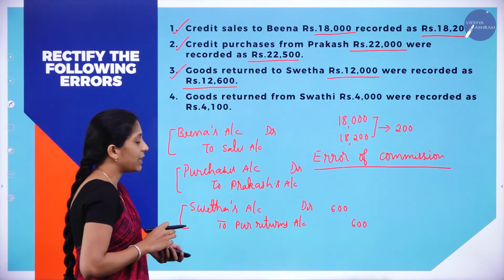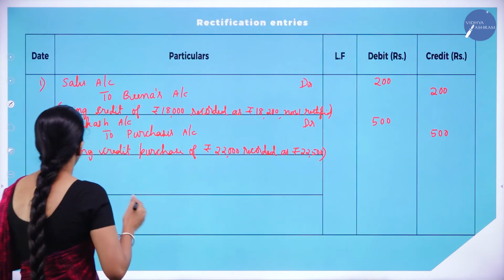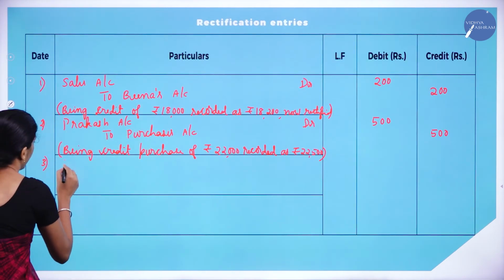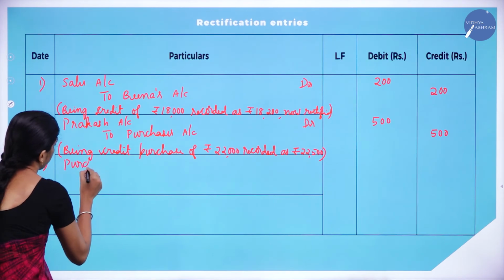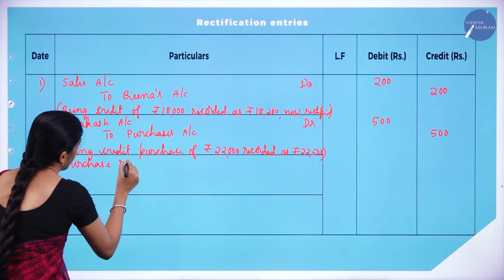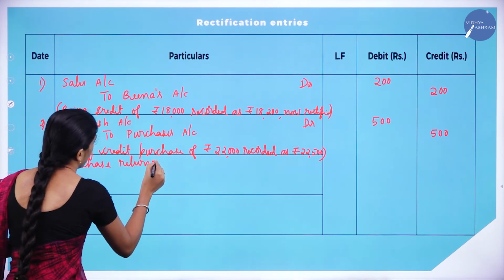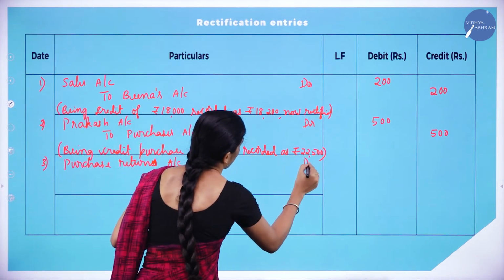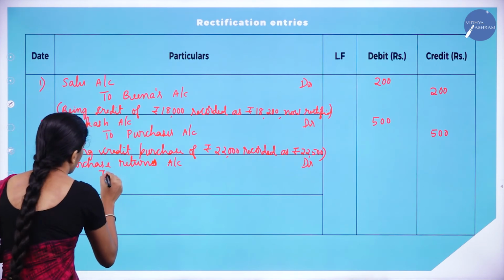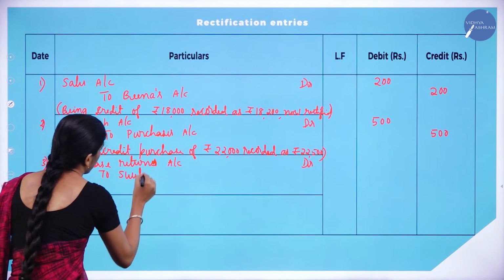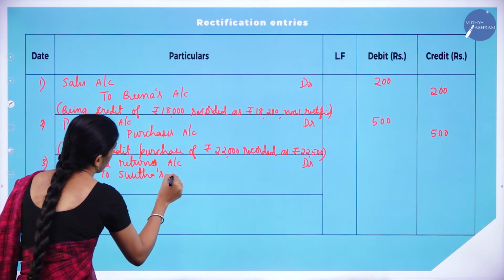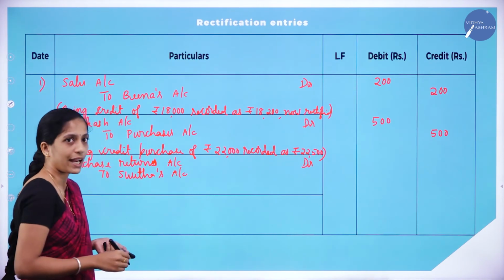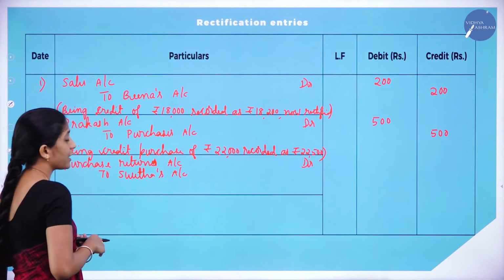So, our entry will be purchase returns account debit. Third one, purchase returns account debit to Shweta's account. And what is the narration?